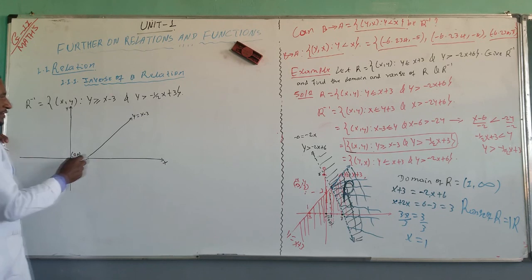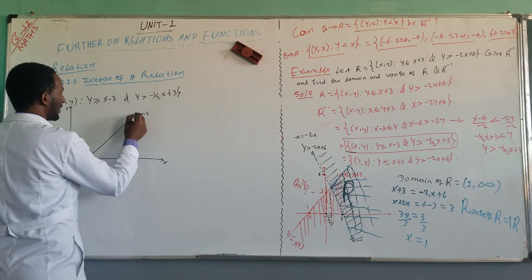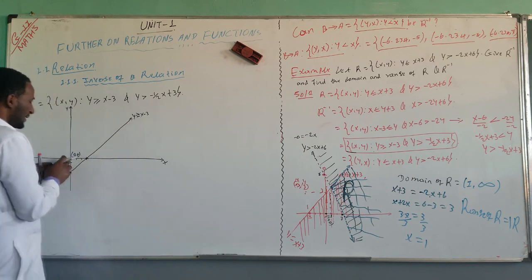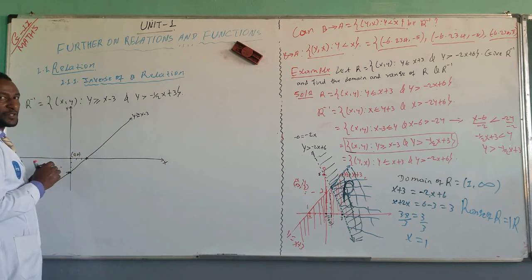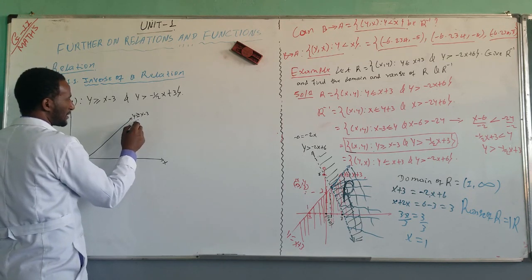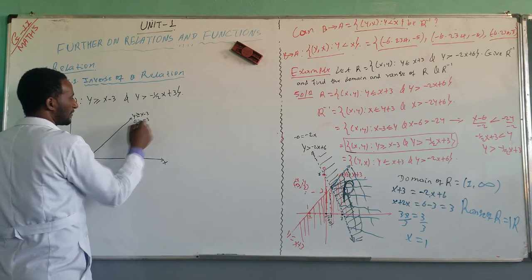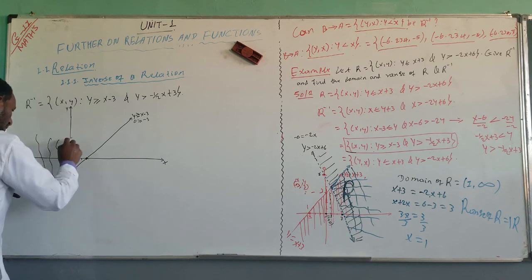Substituting into y greater than or equal to x minus 3, we get 0 greater than or equal to negative 3. This is true, therefore we have to shade the region which includes 0, 0.